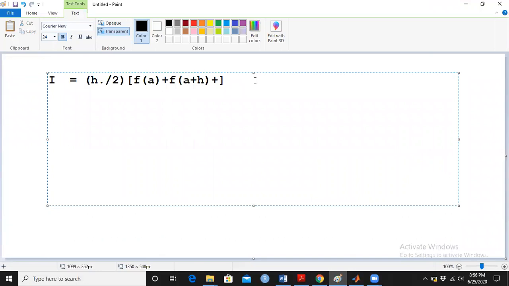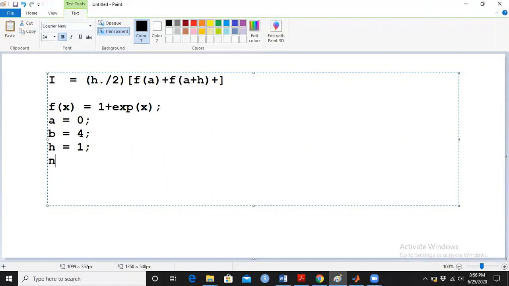Let me say that I have a function f of x is equal to 1 plus exponential of x. Next, I'm saying that the starting point, the lower limit of integration, is 0, and the upper limit of integration is 4. The step size is 1.